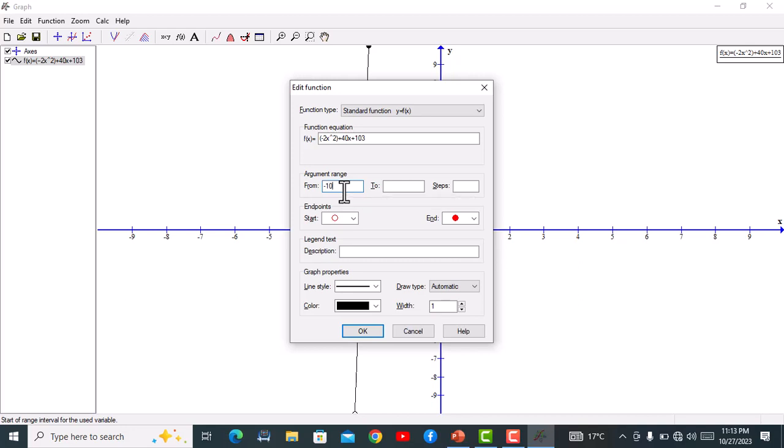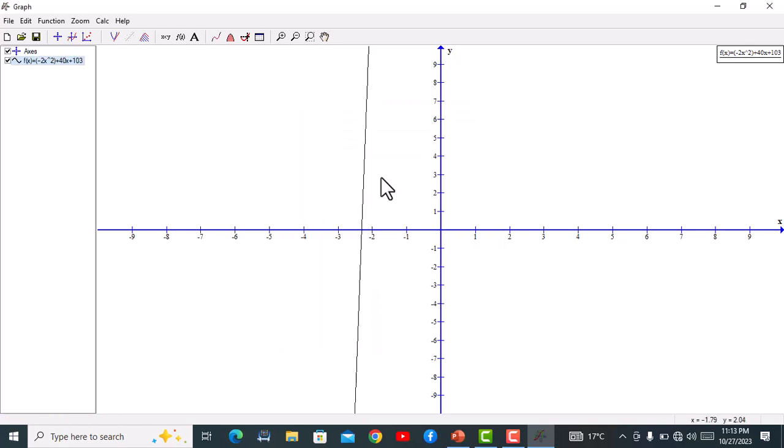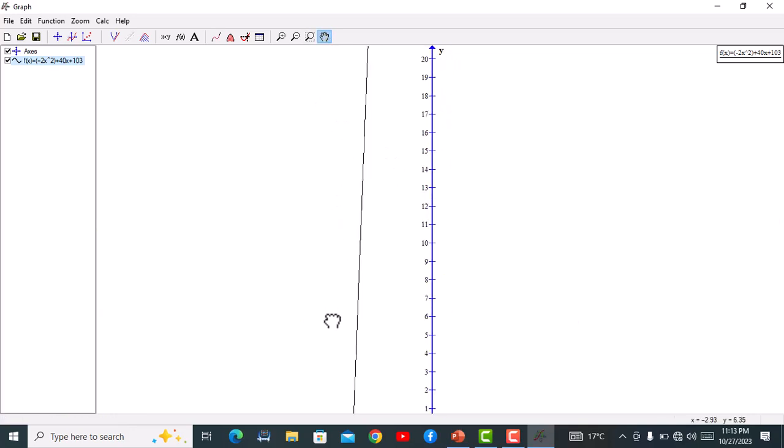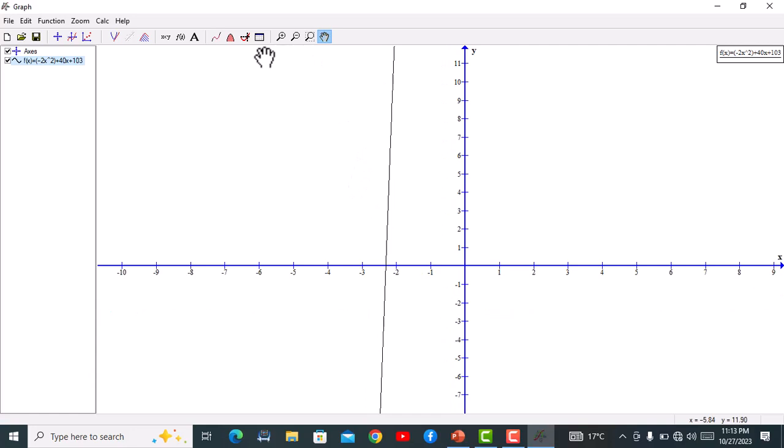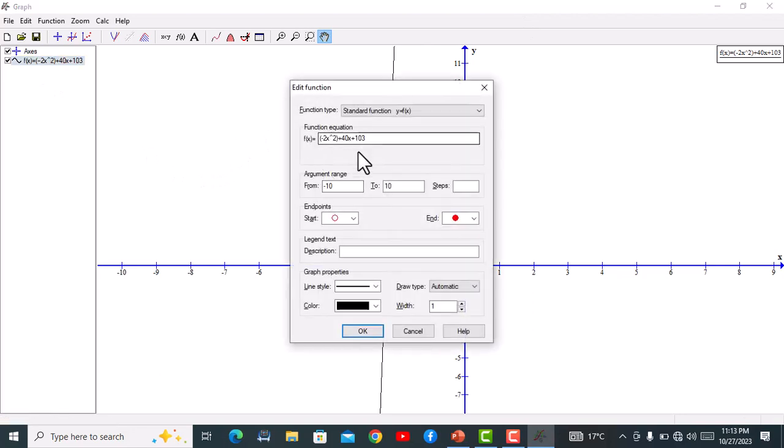Okay, begin from -10 to +10. And let me just do this. -3 to +3.